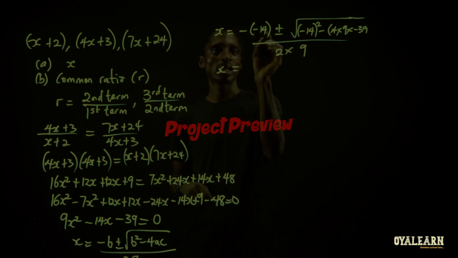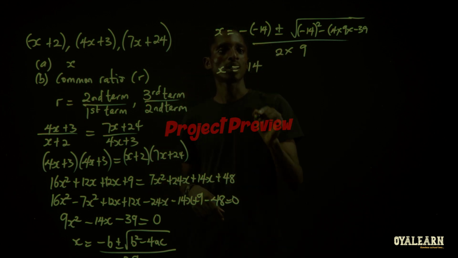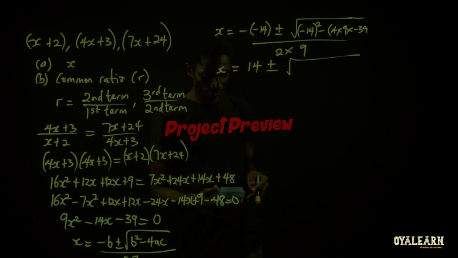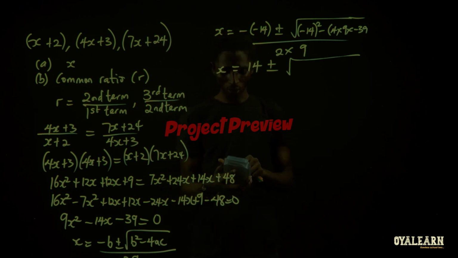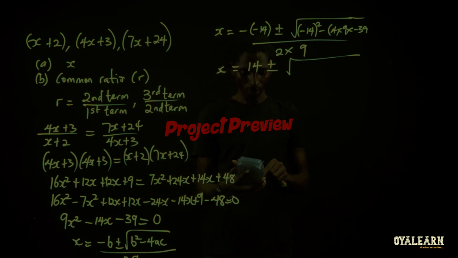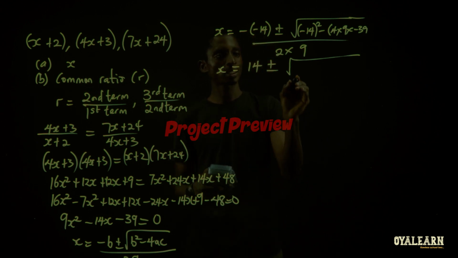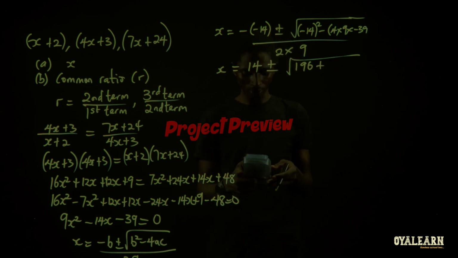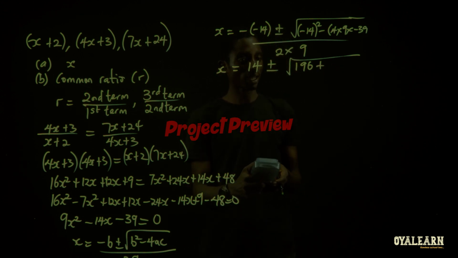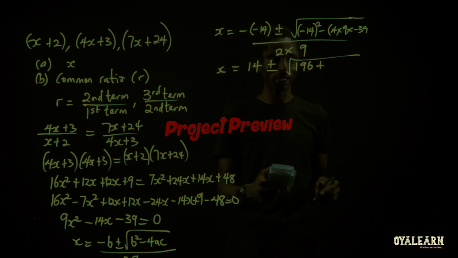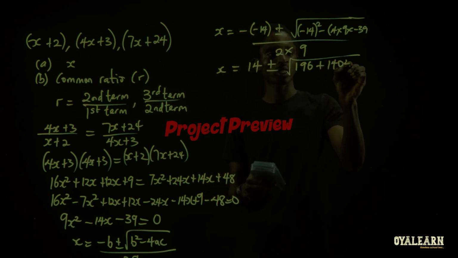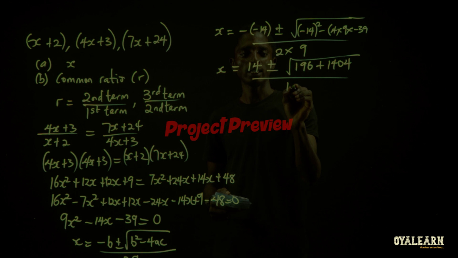On this side, we're going to be having a positive number now, 14, plus or minus square root. Now we can then compute the values. 14 squared will end up with 196. And in this other side, we have positive, of course, when we have 4 multiplied by 9 multiplied by 39. Remember, minus multiplied by minus gave us this plus. So our value here is 1,404, all upon 18.